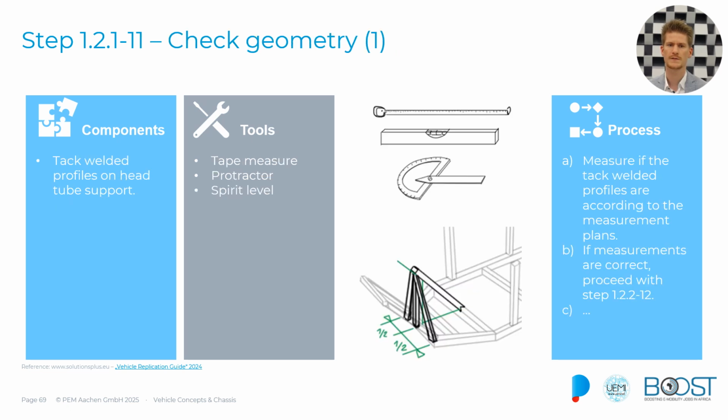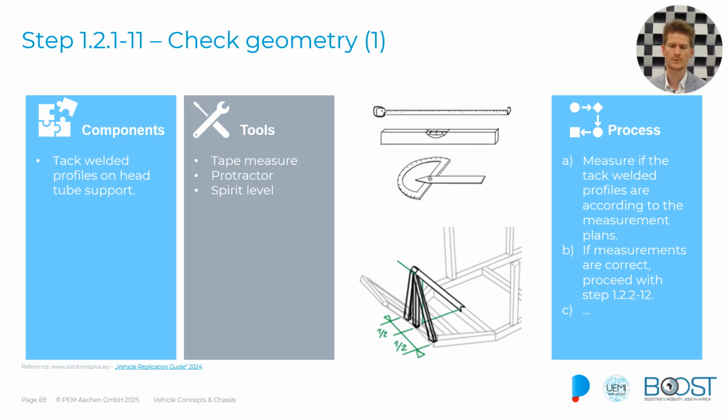And once we've done that, we obviously have to check the geometry. So we will use again tape measure, protractor, and a spirit level, and see if it is in the right angle that we are aiming for, if it's positioned in the middle of the whole base frame.